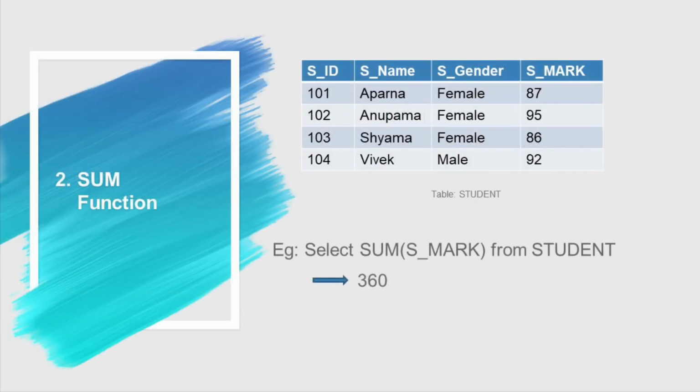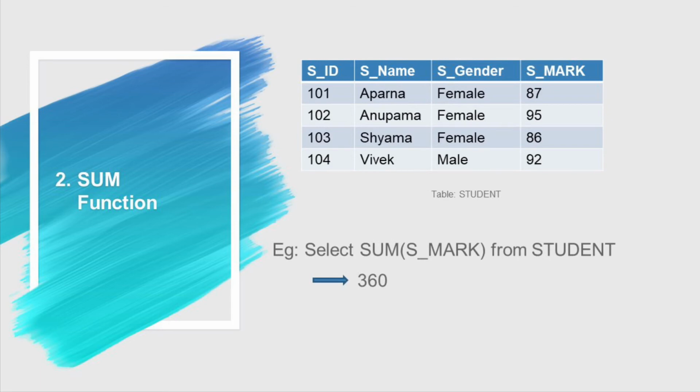The same example is depicted here, and in this particular example, we have numeric values for SID as well as for student mark. Here we are finding out the total marks of the students using the sum function. Here it will generate 360 as the output as the total marks of 4 records.